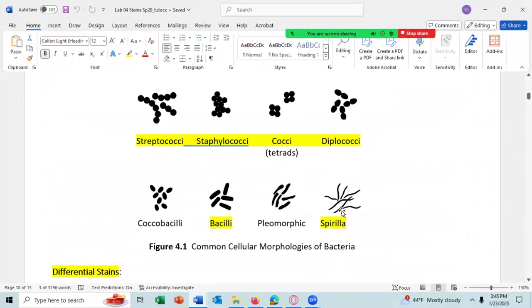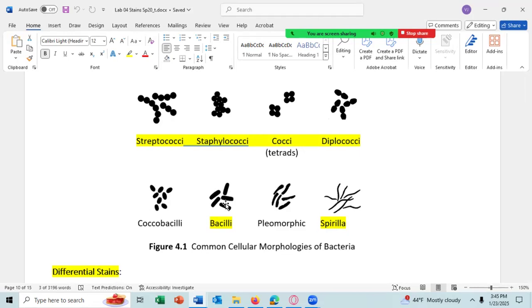Those are the three basic shapes that bacteria have. There can be some other shapes like pleomorphic and coccobacilli, but most of them are either a cocci, a bacilli, or a spirilla, or some combination of these three. Like the coccobacilli is a combination of the cocci and the bacilli. So that is the basic shape of the bacteria.